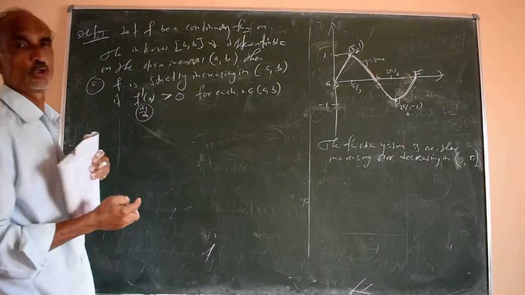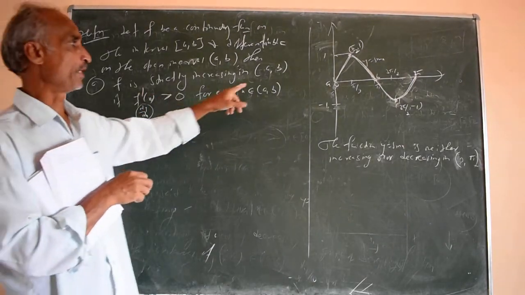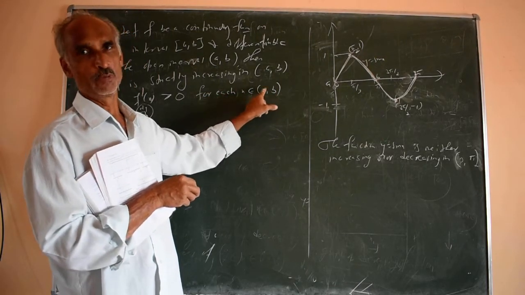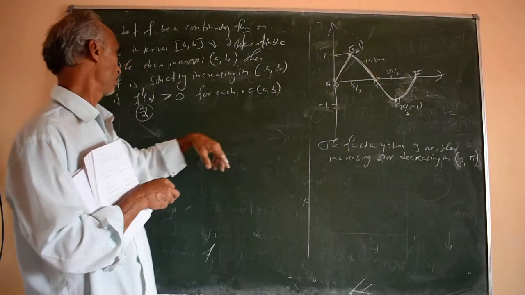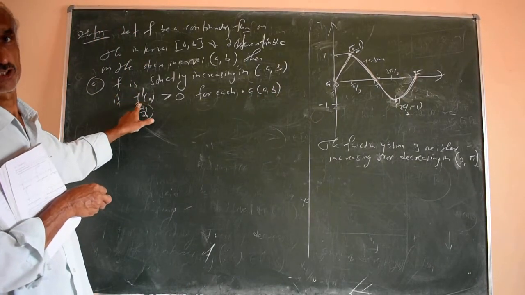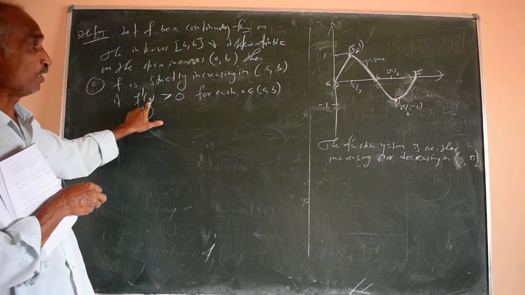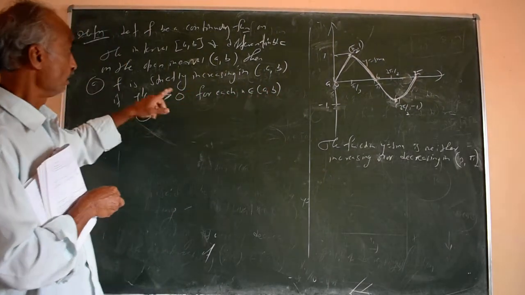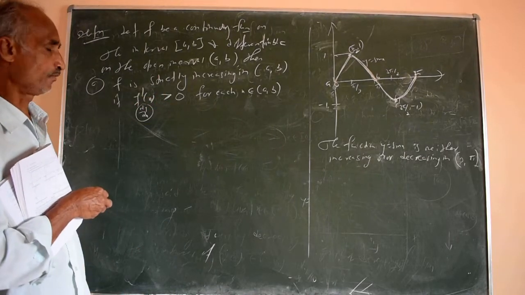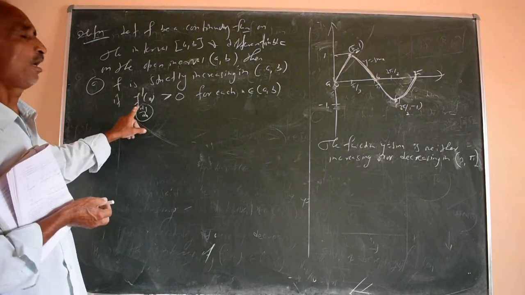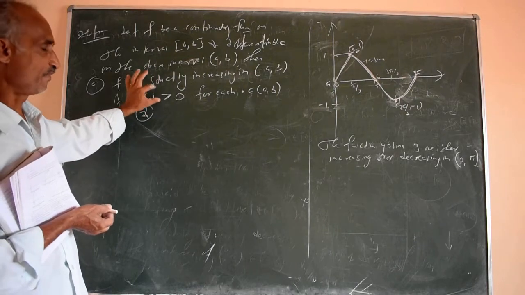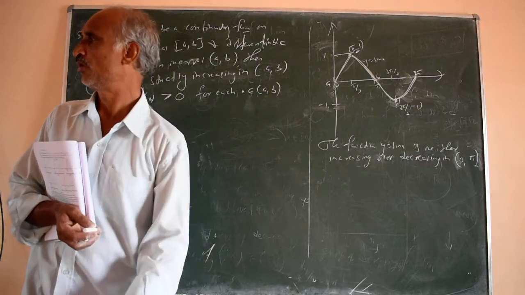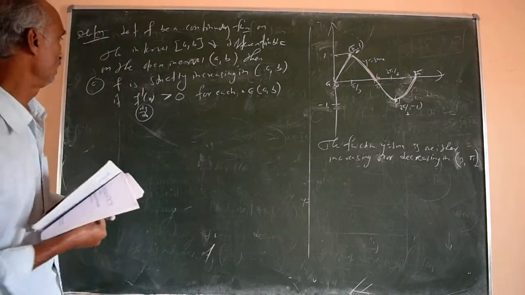Then the function is said to be strictly increasing. x may be any value in between A and B because the open interval is taken. If f dash of x is positive, then the function is increasing. If f dash of x is negative, then f is decreasing. That is the main definition.